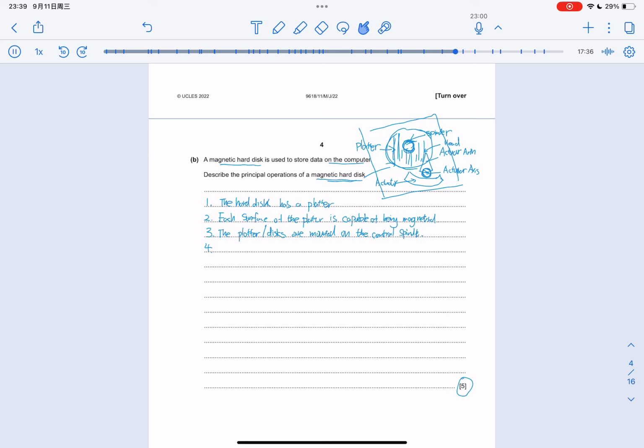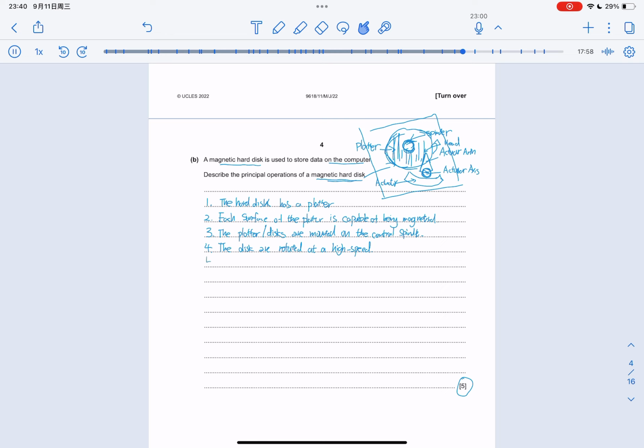And for the disk, we read the data when it rotates at high speed. So next point, we can say the disk rotates at a high speed.